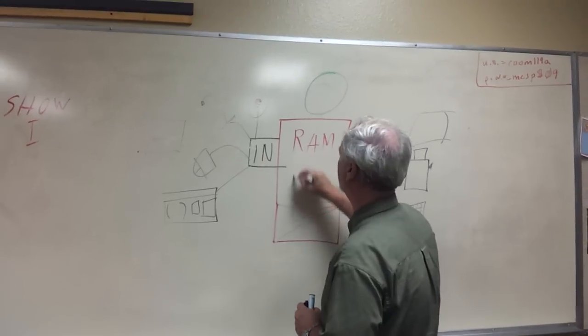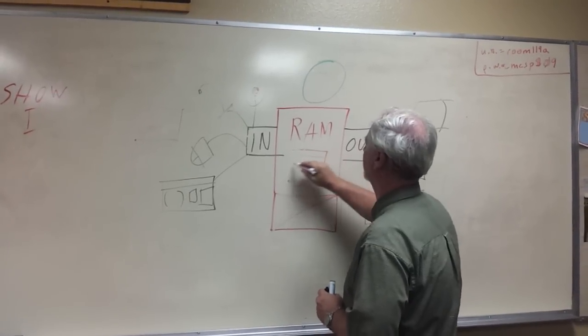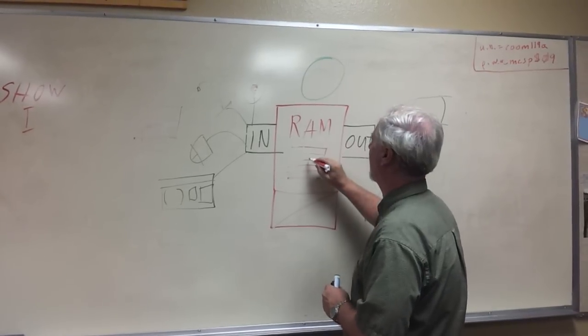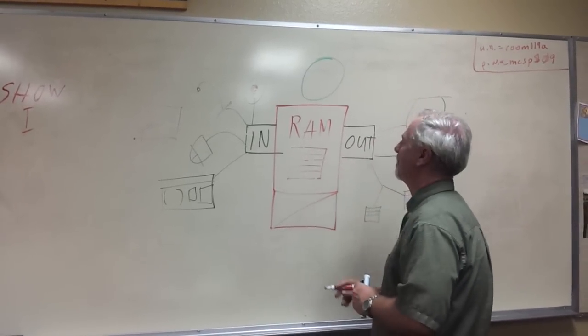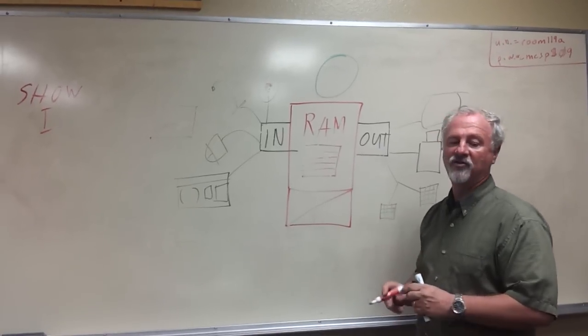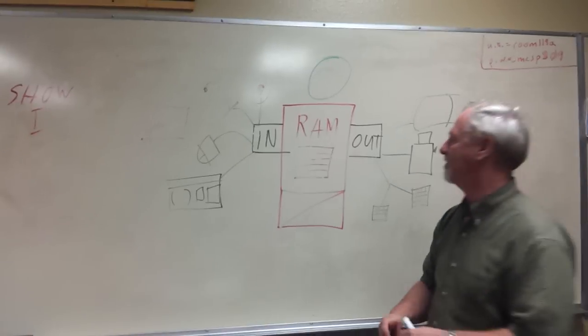We call it addressable memory because there's little tiny cubby holes here where there's an address, and we put information into that address of memory, and we retrieve the information from that address of memory.